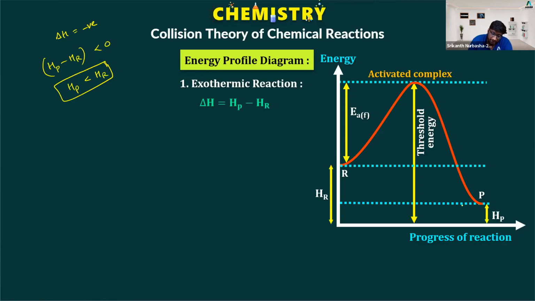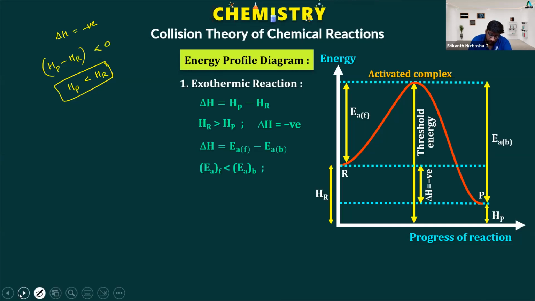So enthalpy of reactant, enthalpy of product, if you compare, reactant has higher enthalpy when compared to product. Delta H is negative. Delta H is activation energy of forward minus activation energy of backward. So since delta H is activation energy of forward minus activation energy of backward, this is again found to be negative.